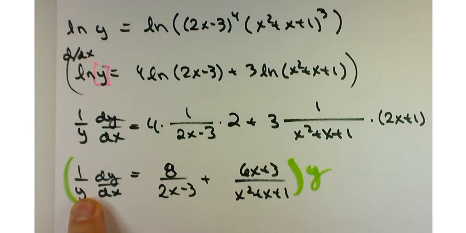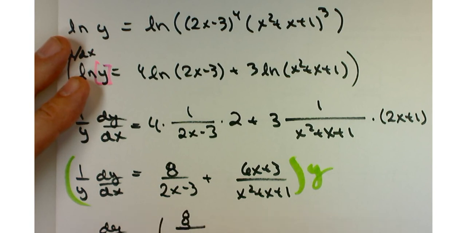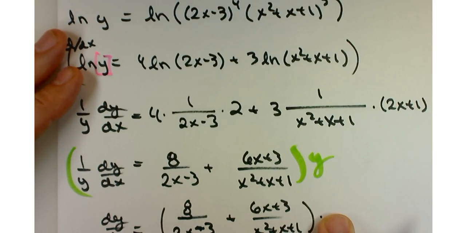On the left-hand side, that y is going to cancel, and you get dy by dx equals 8 over 2x minus 3 plus 6x plus 3 over x squared plus x plus 1, times y.